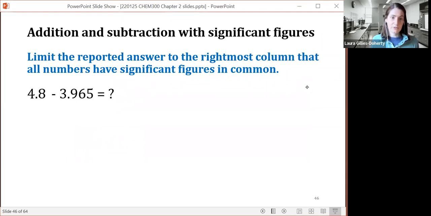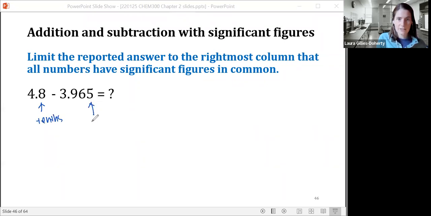So let's do an example, 4.8 minus 3.965. So this is subtraction. So your sig figs are going to be rounded or limited based on whichever number has the least amount of precision or where the numbers line up on the rightmost column. So here this number ends in the tenths place.